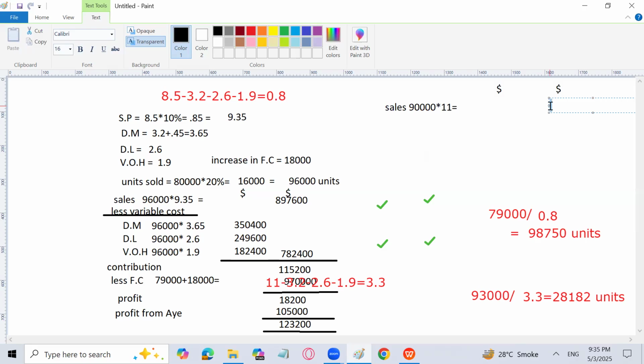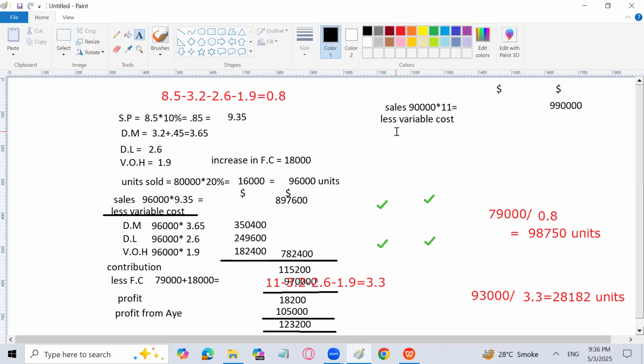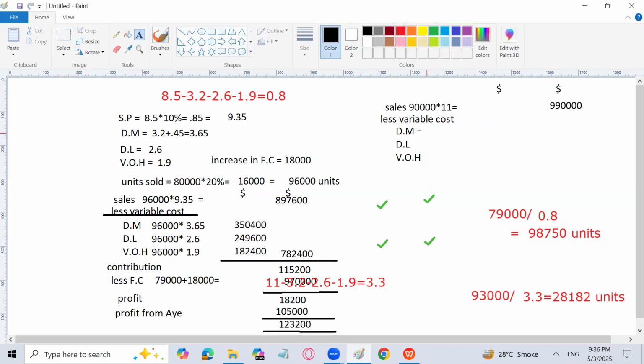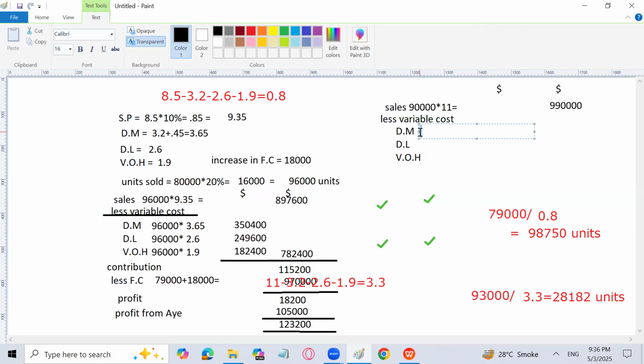That is 9,90,000 less variable cost: direct material, direct labor, variable overheads. Now let's calculate. Direct material is 90,000 multiplied by 3.2. Then direct labor is going to be, there is an increase in, I think, direct material cost.